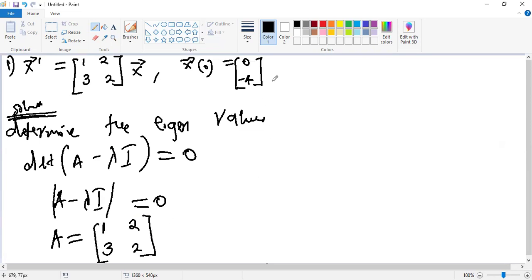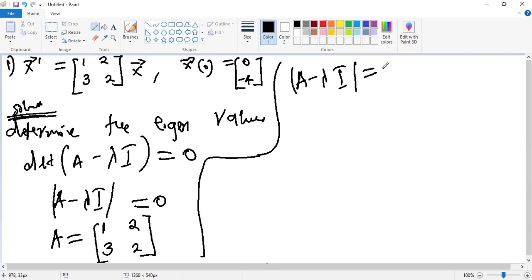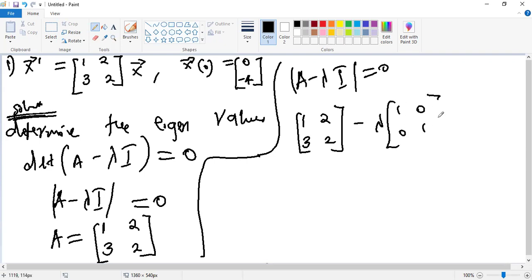Okay, now to get the eigenvalues, I am going to have A minus lambda I, modulus, is equal to 0. This is 1, 2, 3, 2 minus lambda times the identity matrix 1, 0, 0, 1.